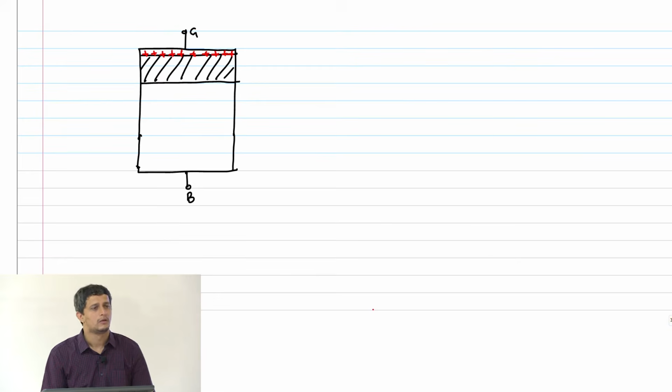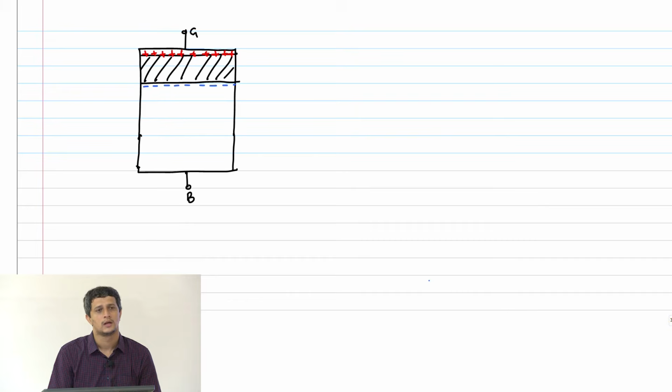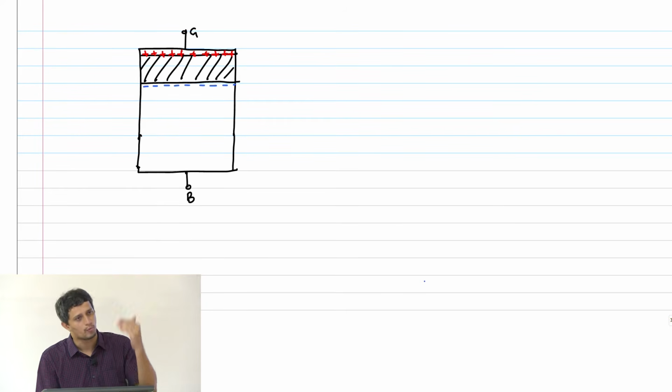Okay. So what will it do? So why can't electrons get attracted? Okay, but let's do a thought experiment. Suppose I attract electrons, free electrons here. Forget about holes getting repelled, let's say. Then you agree that as I keep increasing my VGB, this will start becoming more and more and more, right?